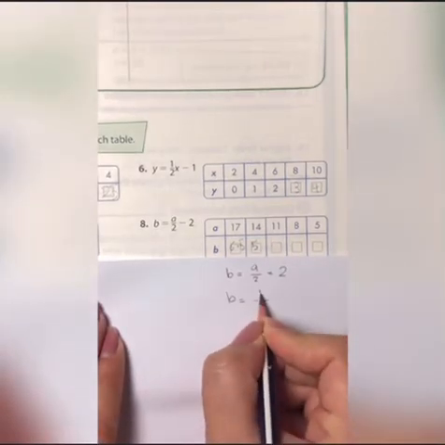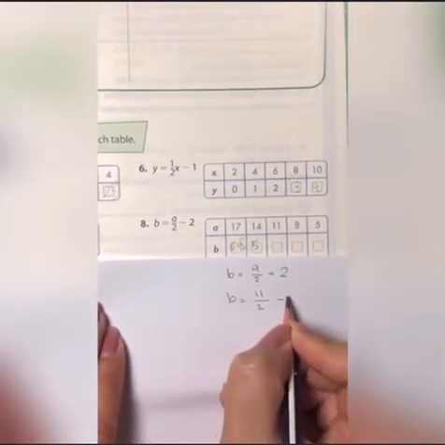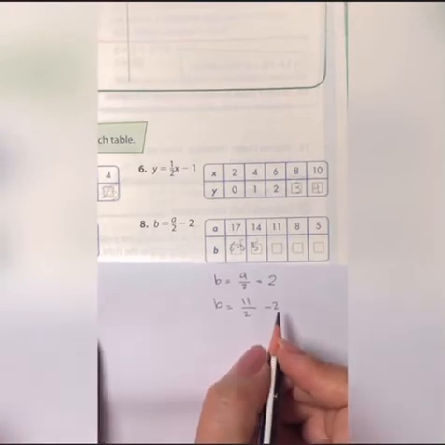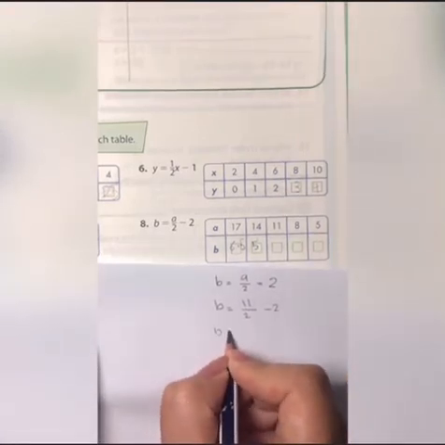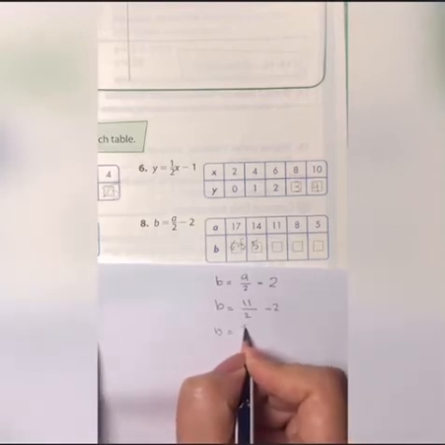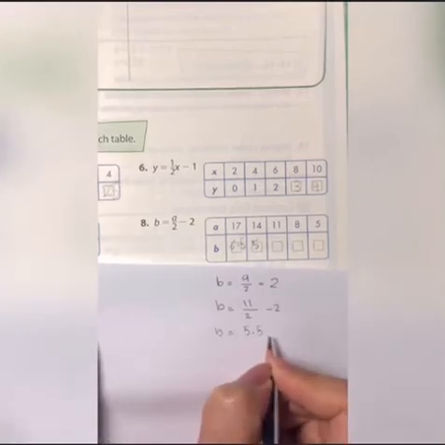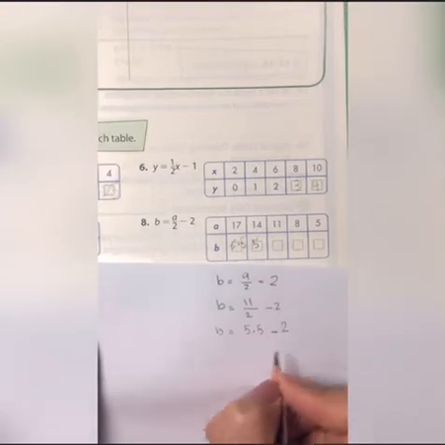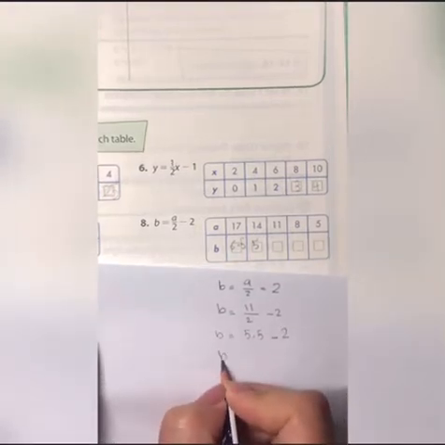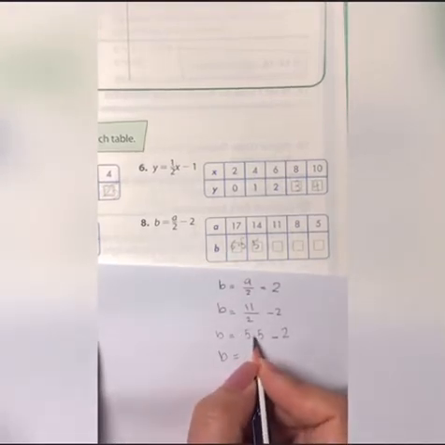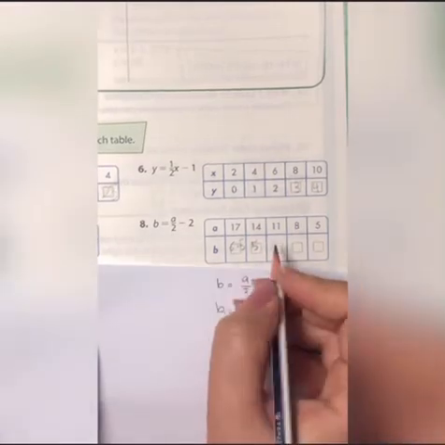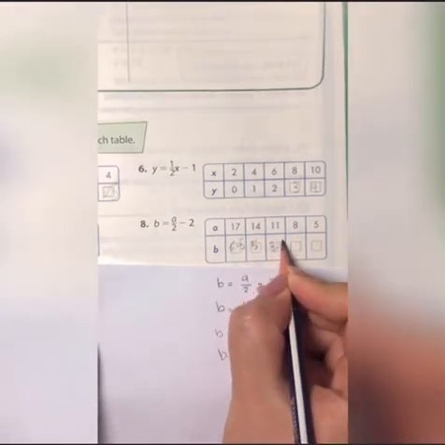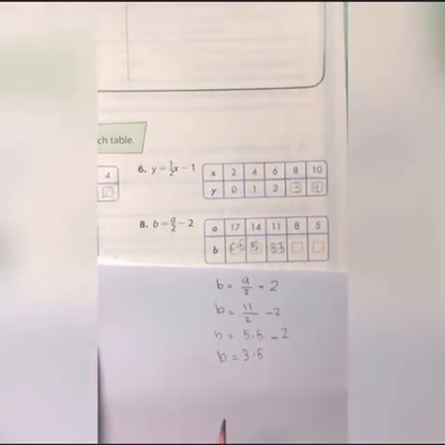We have 11 over 2 minus 2, and 11 divided by 2 equals 5.5, minus 2. 5.5 minus 2 will be 3.5. Okay.